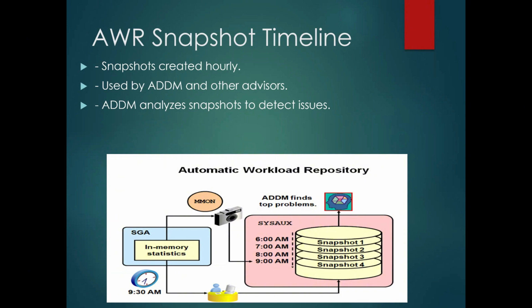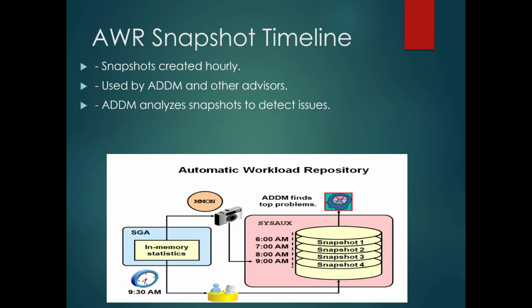Now here you have one question: what is the difference between AWR and ADDM? AWR collects the stats from the SGA using the MMON process and writes them to our SYSAUX tablespace. This is the function of AWR, Automatic Workload Repository.